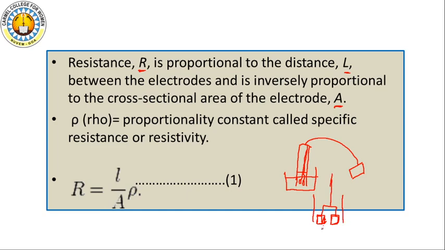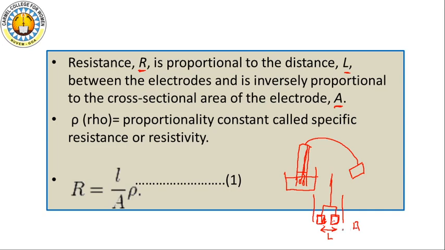So L is nothing but the distance between these two electrodes. This is L, and A is the cross-sectional area of these two platinum plates. A is the area of cross-section.